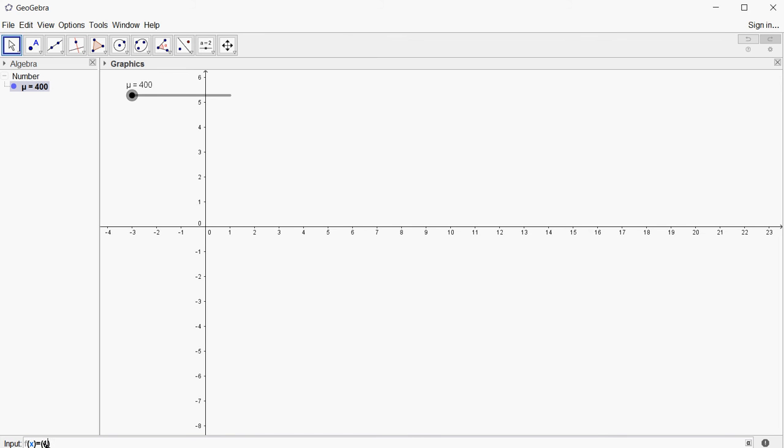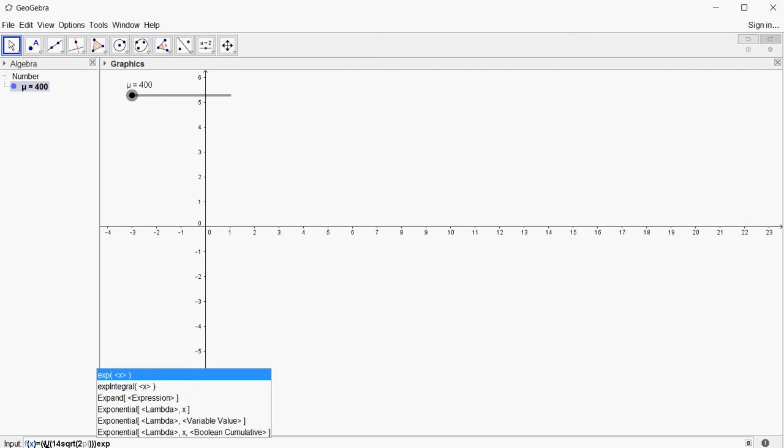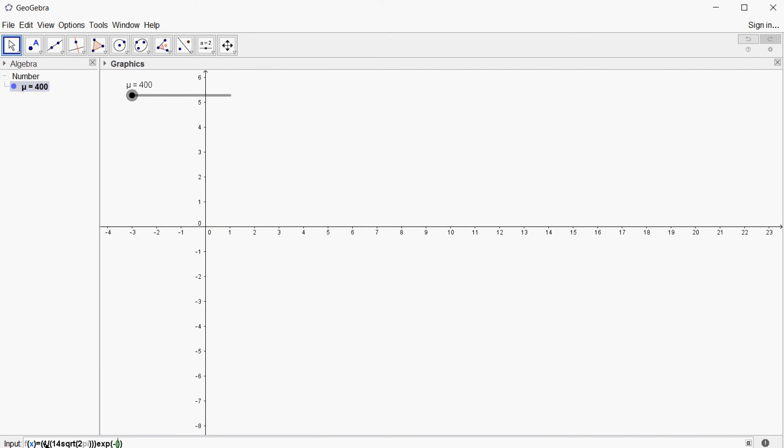It's going to be 1 divided by, the standard deviation is 14, times the square root of 2 pi, and then multiplied by e to the negative x minus mu, so we just have to put mu there, squared, divided by 2 times 14, the standard deviation, squared, and hit enter.